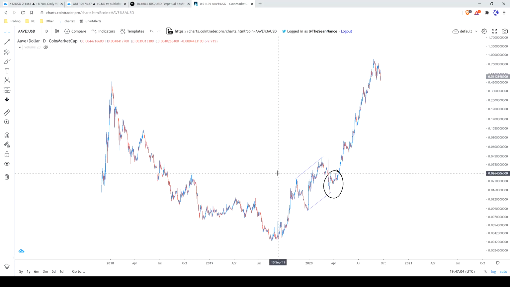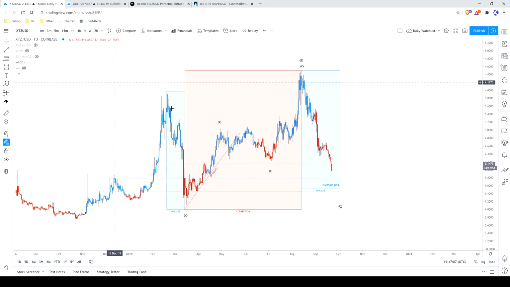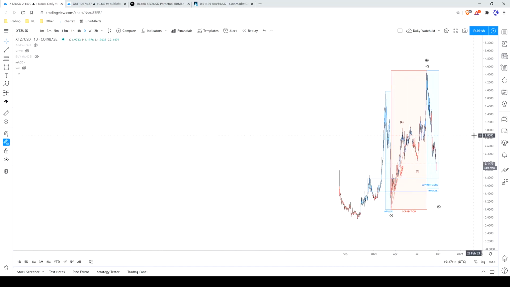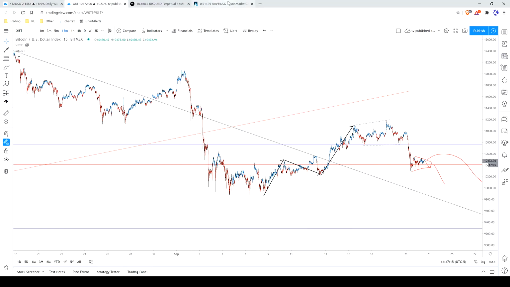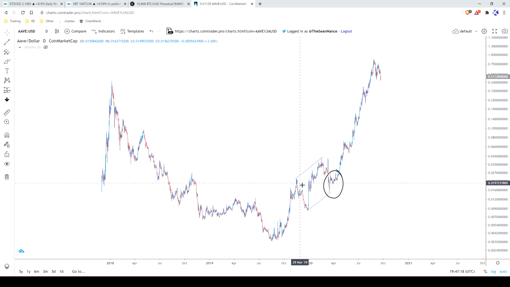You can see the similarities in this A, B, C to what I'm showing you here, A, B, C. Now this one's not quite as bullish. Sorry. It's still pretty reasonable overlap here.